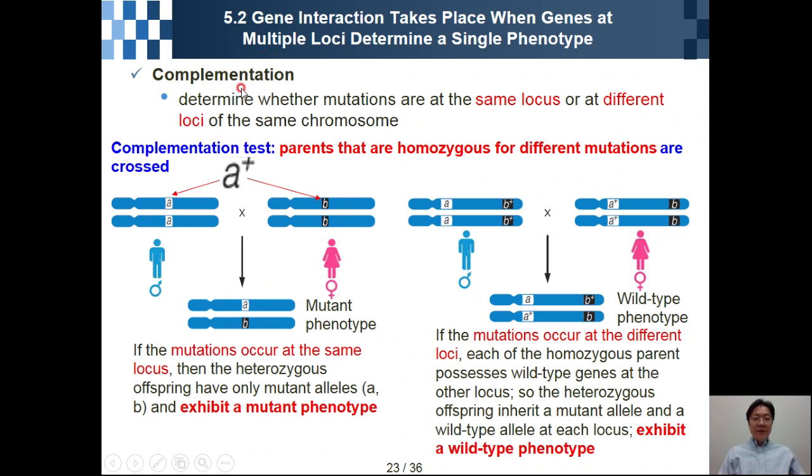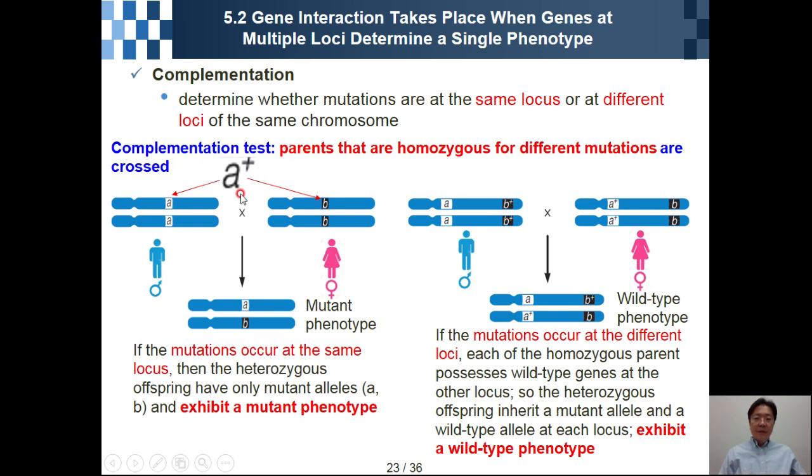So complementation means to determine whether mutations are at the same locus of the same chromosome, or mutations are at different loci of the same chromosome. This is difficult to understand, so I think I will explain the complementation test.